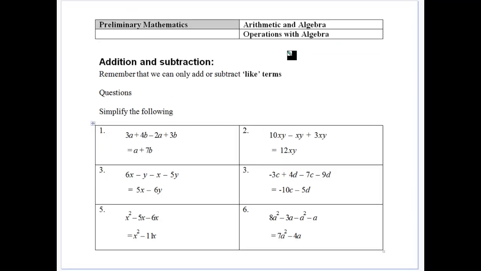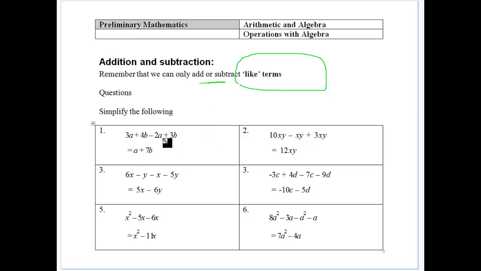So what can we do? The first thing is just basic operations with algebra, and hopefully remember this idea of like terms. Like terms are where we have the same exact algebraic terms. We can only add or subtract like terms.